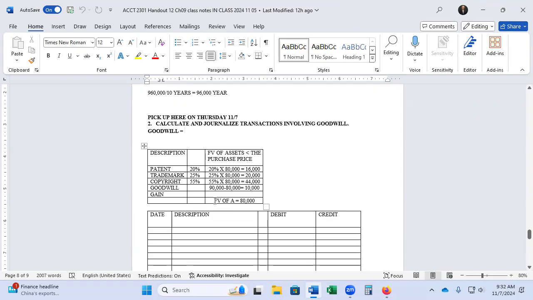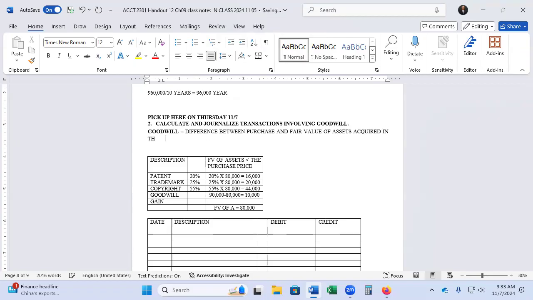So I talked a little bit about what goodwill was, but I want to remind you that goodwill is the difference between purchase price and fair value of assets acquired in the purchase of a company.